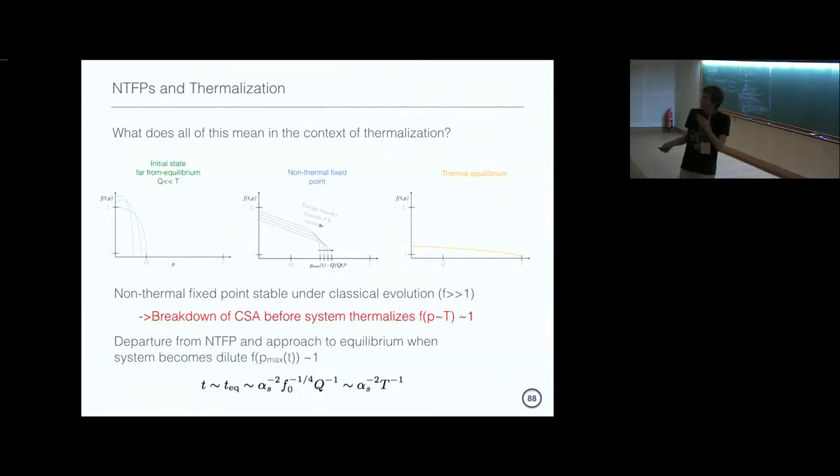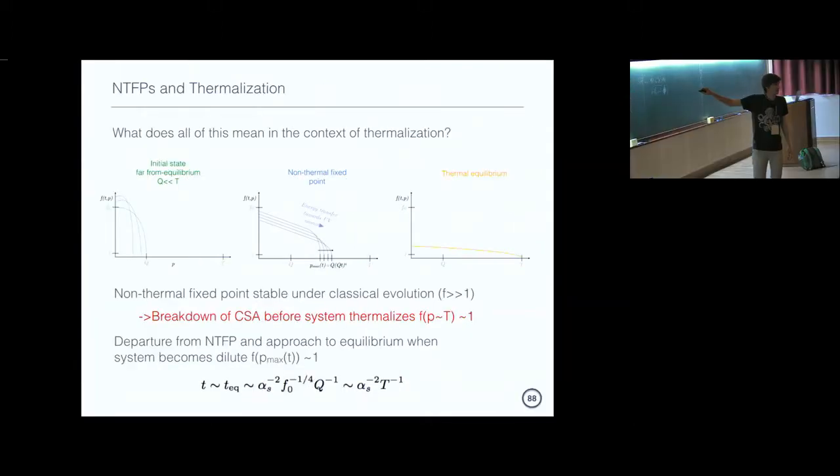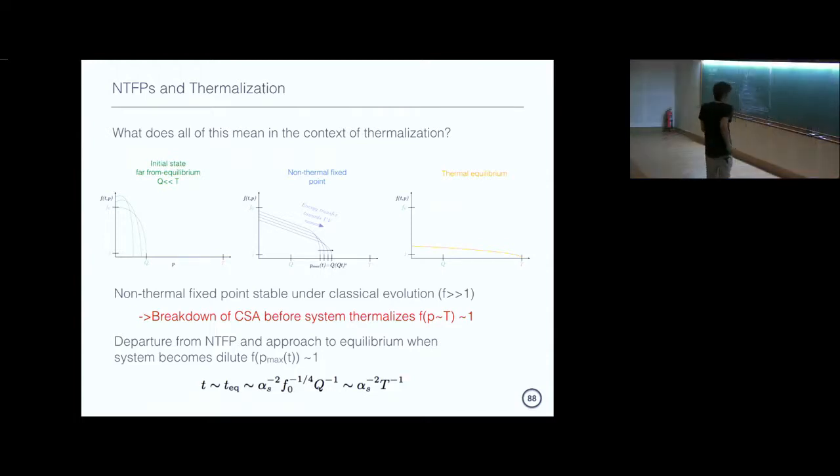However, what our kinetic analysis also clearly revealed is that the stability of these non-thermal fixed points really requires that we remain at high occupancy, right? Because otherwise I couldn't do this step where I threw out 1 compared to F. That was essential to having scaling properties, and so that's essential for this cascade to continue.